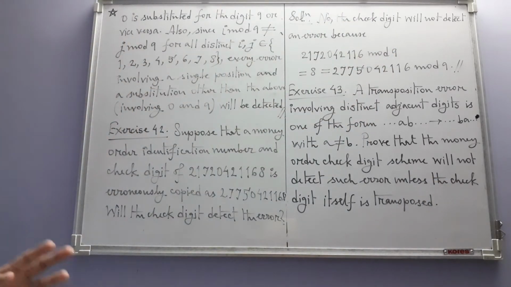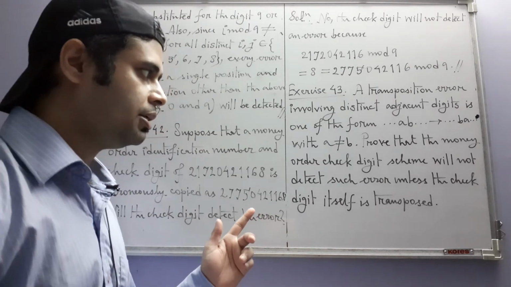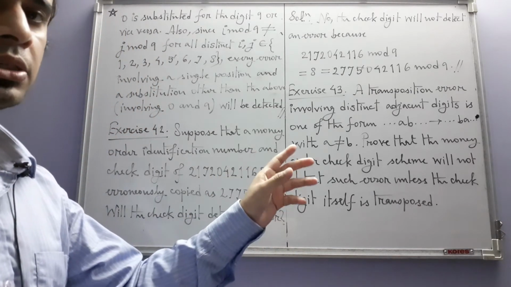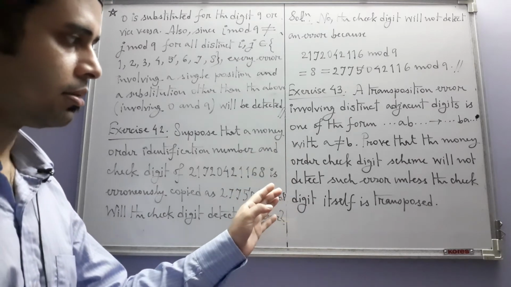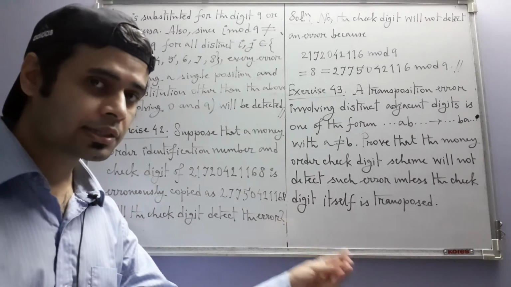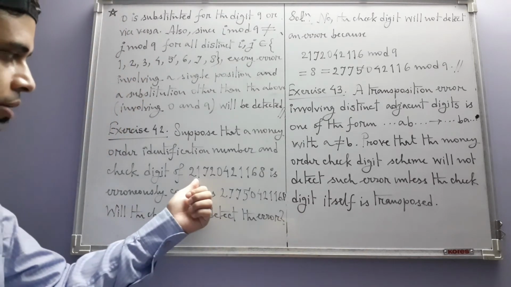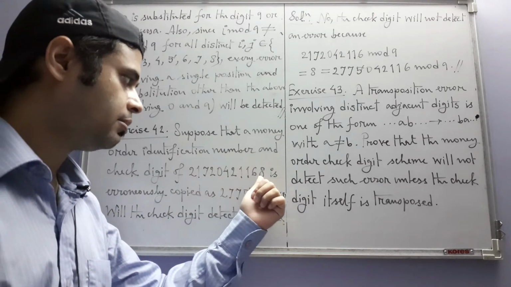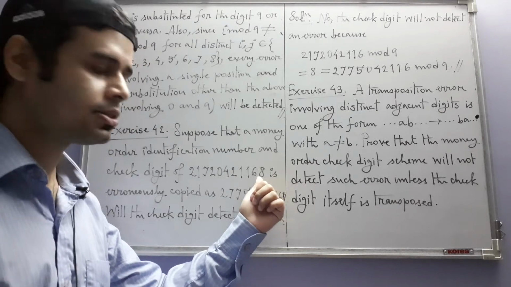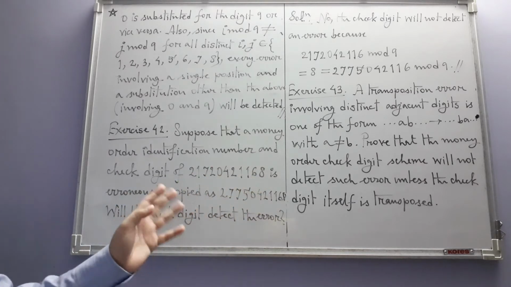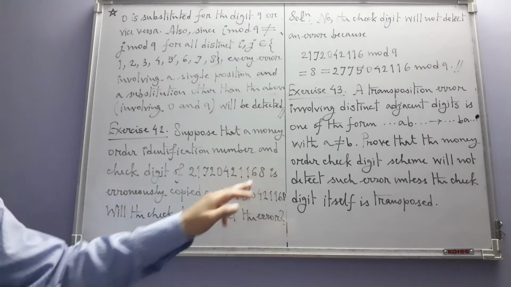So if one commits a transposition mistake like this, it will not be detected if the transposition mistake is in the non-check position, but a detection is possible only when the check digit itself is transposed. For example, in place of writing this, someone writes all the numbers correctly except while writing 68 he writes 86, then the check digit has been transposed with its adjacent digit.